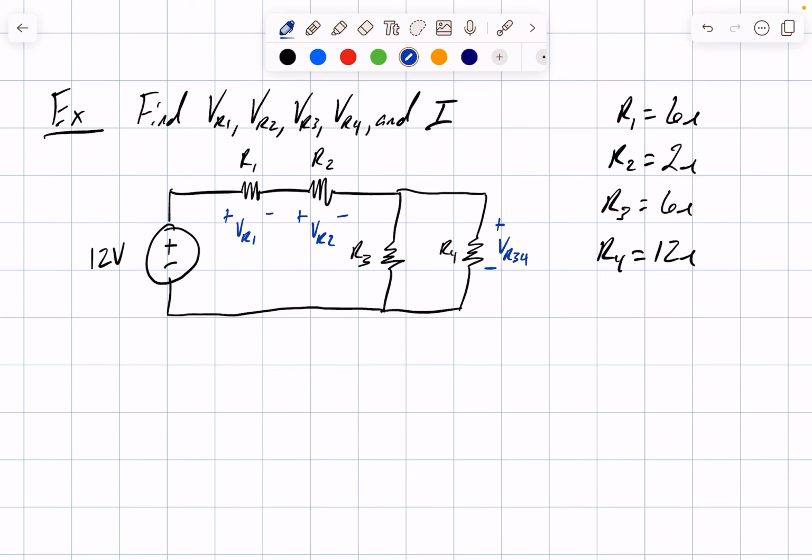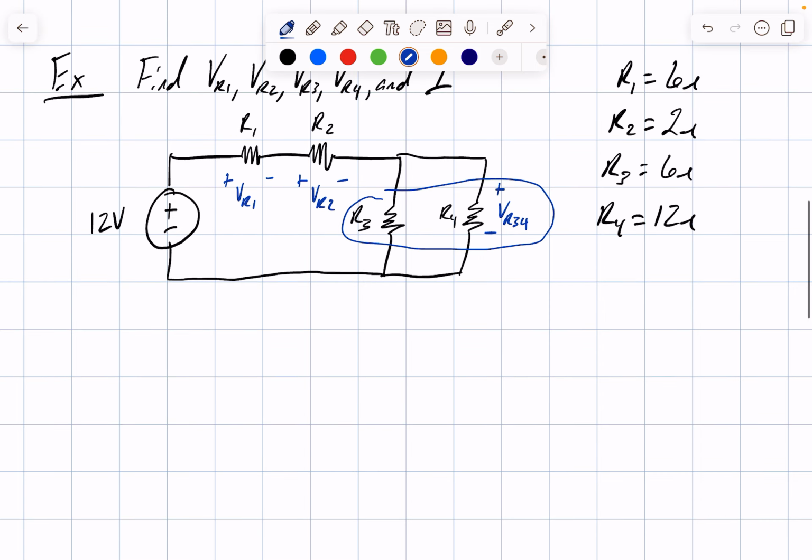So we will put resistors R3 and R4 combined. If we remember from last time, these two resistors are in parallel.